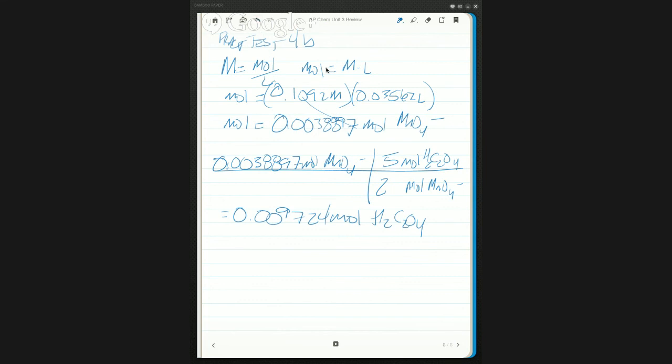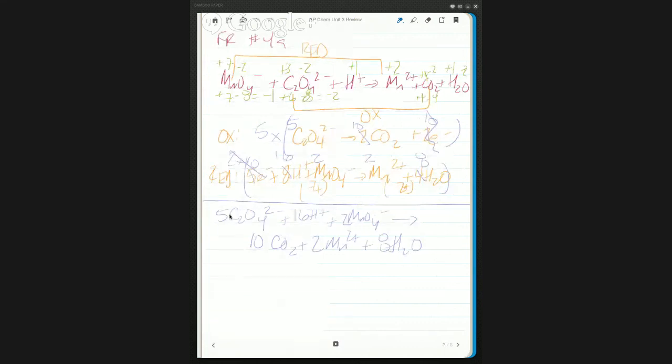And I have to go back here. That's what you're asking: you'd have to go back to why did the H pluses get taken out of here? And that's because they're spectator ions and their oxidation number does not change. So it's acidified, which is why you have this right here, this 16 H pluses. So you have an excess amount, right?